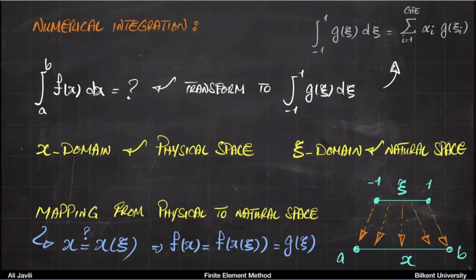And also, as I mentioned here, the physical space or X domain is between A and B, and natural space or Xi domain is between -1 and 1 here.